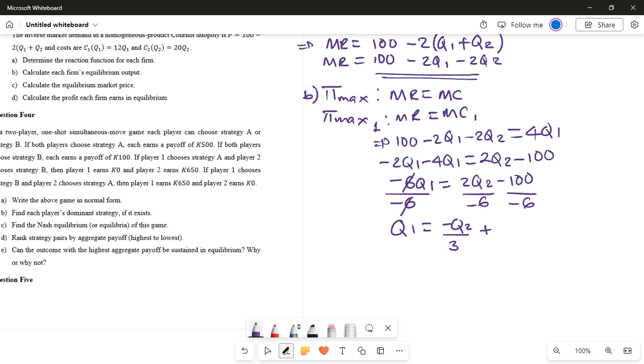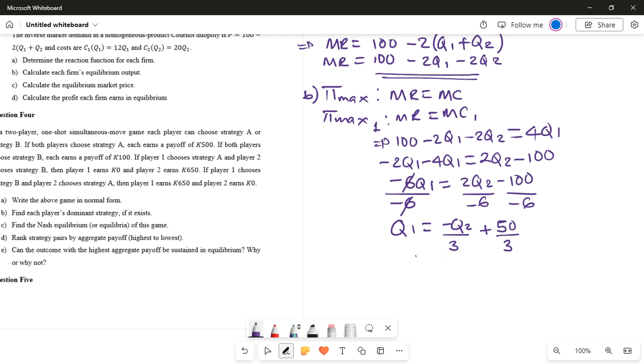That is a 2. So why are we saying plus? It's because the numerator is negative, the denominator is also negative, so negative and negative will become plus. So this can be 50 over 3.